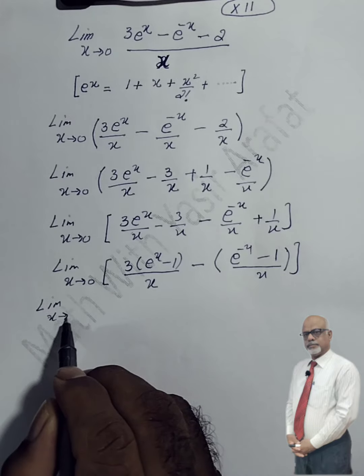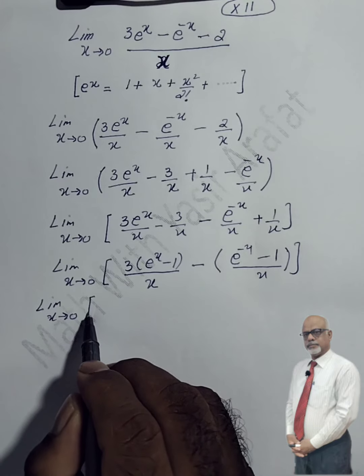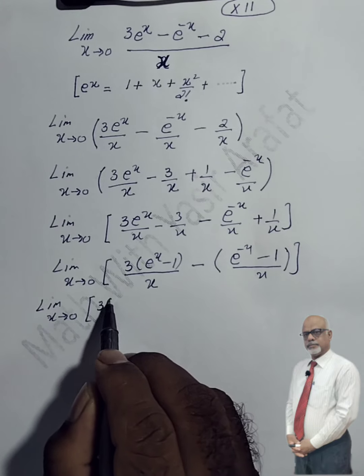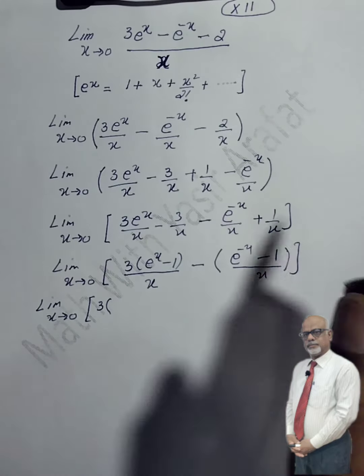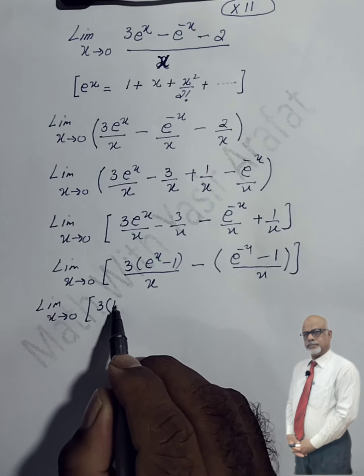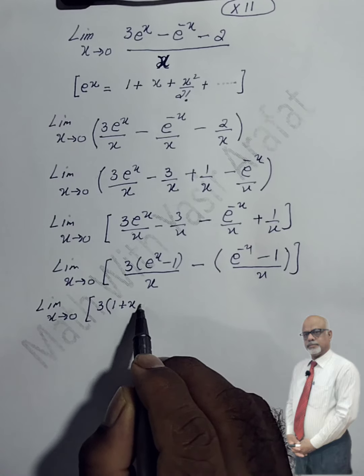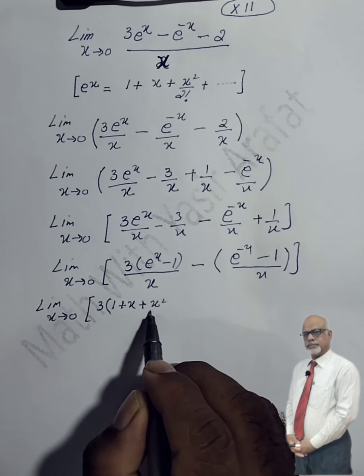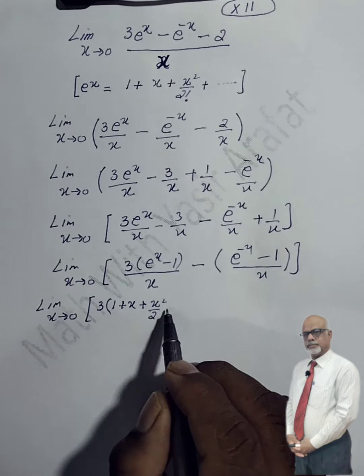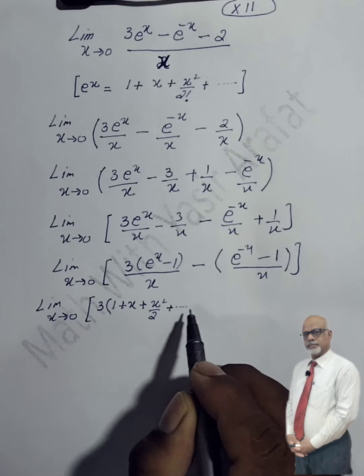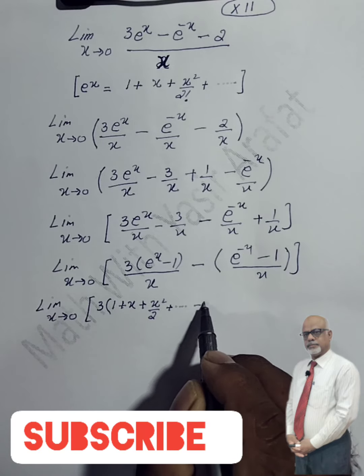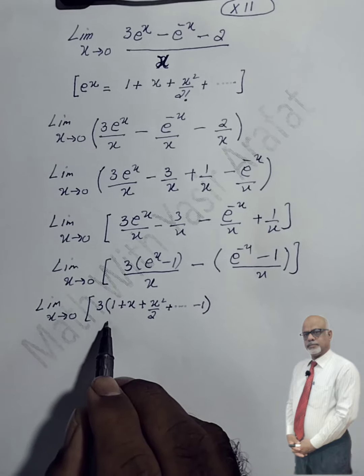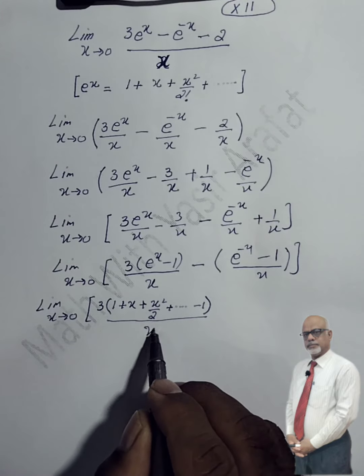Limit x tends to 0, that is e^x, it is equal to 1 plus x plus x square upon 2 factorial and so on, and minus 1, whole divided by x.